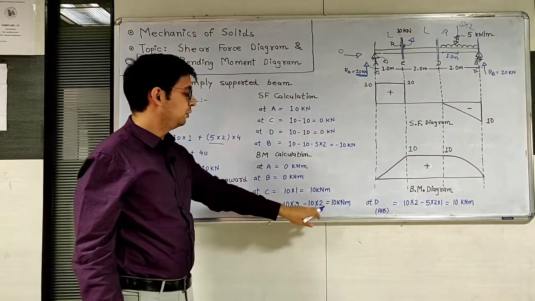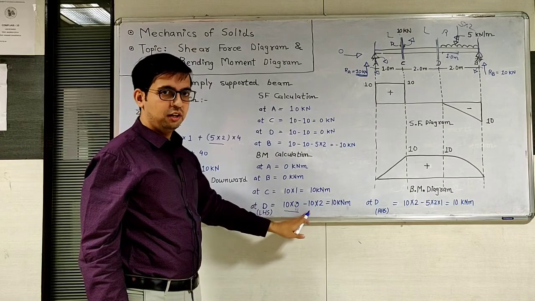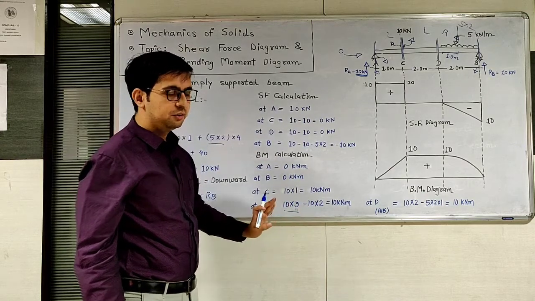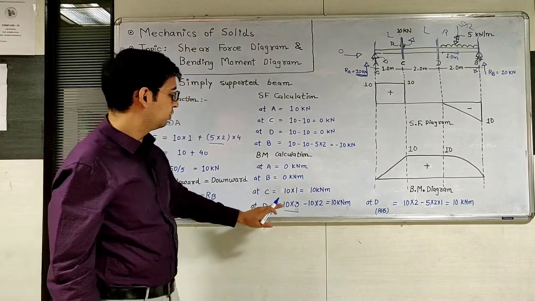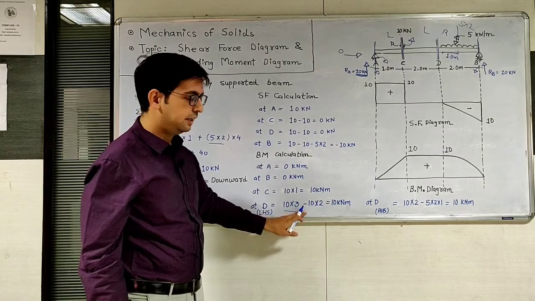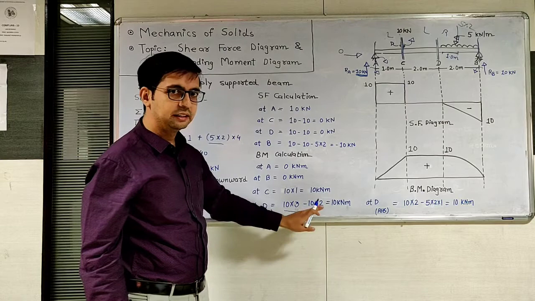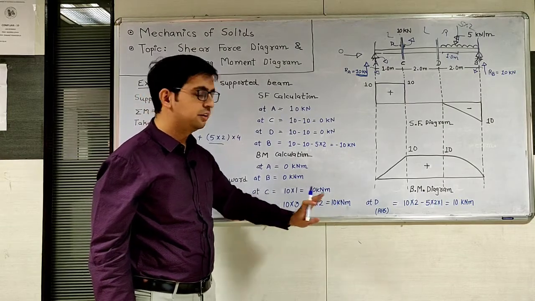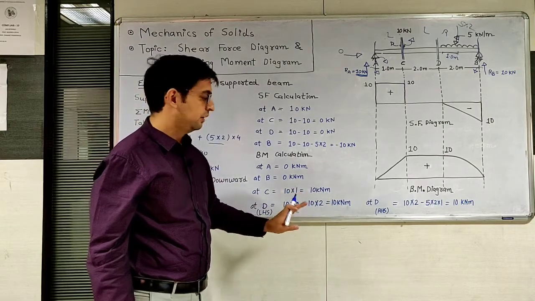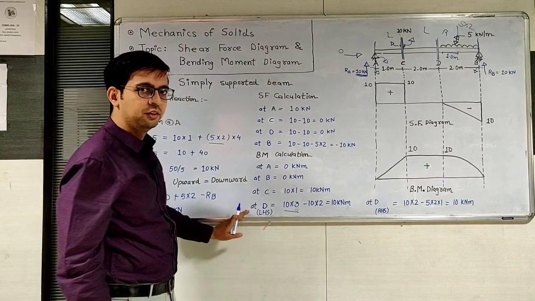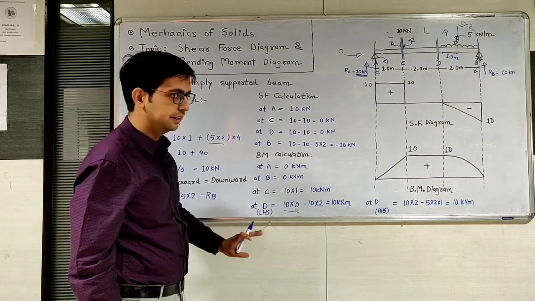So 10 into 2, and due to anti-clockwise on the left hand side use a negative sign. So 10 into 3 is 30, minus 10 into 2 is 20. 30 minus 20, you will get the answer 10 kilonewton meter. So this will be the answer using the left hand side of the section.